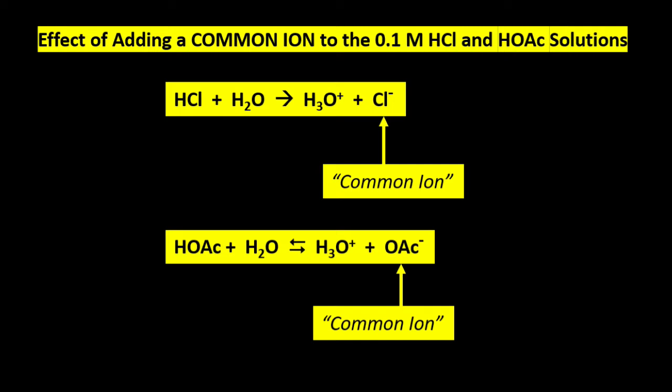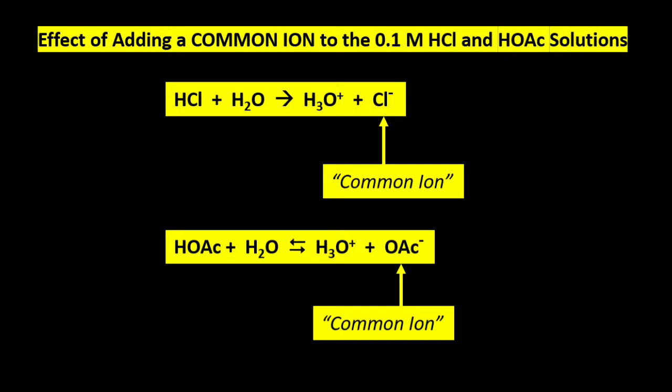So first, I'd like to explain what a common ion is. Okay, well, you see here the dissociation of HCl. It produces H3O+ and Cl- ions. We call that chloride ion a common ion because it's an ion that the HCl has. So it's an ion common to the HCl.